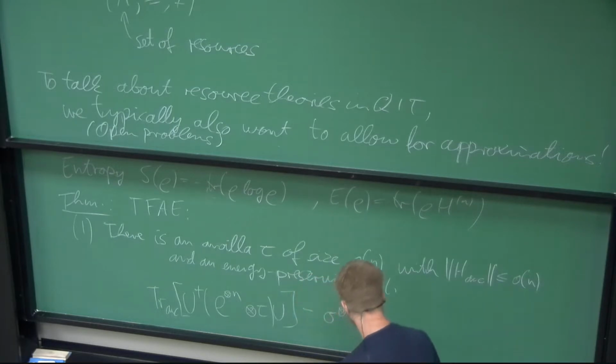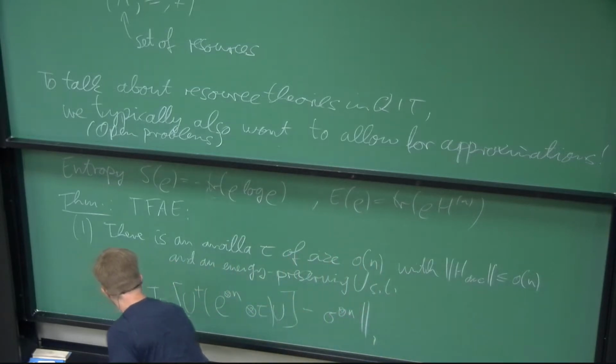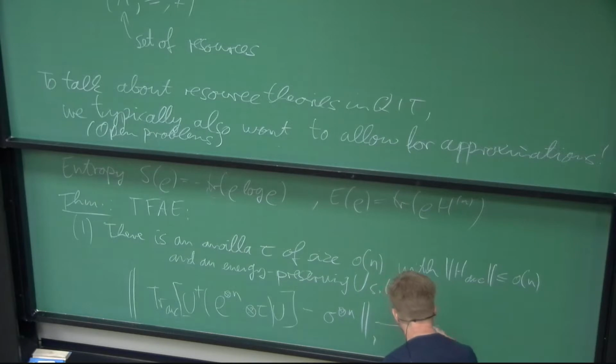Meaning that if I look at the trace distance between the two, this goes to 0 as n goes to infinity.